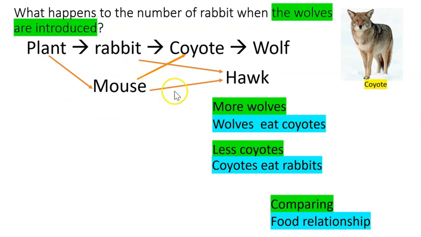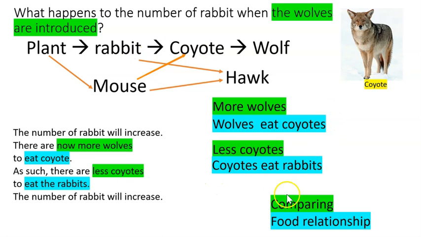From the food web, the coyote eats the rabbit. Putting all this together, this is our final answer. The number of rabbits will increase. There are now more wolves to eat the coyote. As such, there are fewer coyotes to eat the rabbits. The number of rabbits will increase.